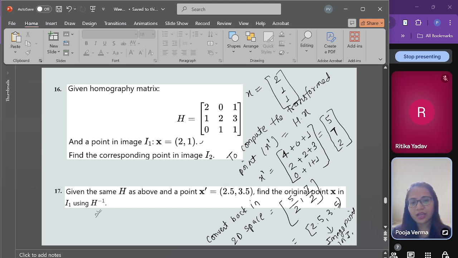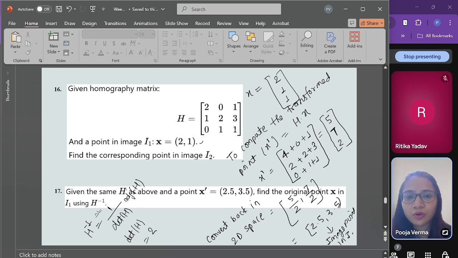Okay, so again H is given, we need to find the inverse of H. So how can we find the inverse? H inverse is 1 divided by the determinant of H, times the adjoint of H. So what will be the determinant of H? Can you calculate?